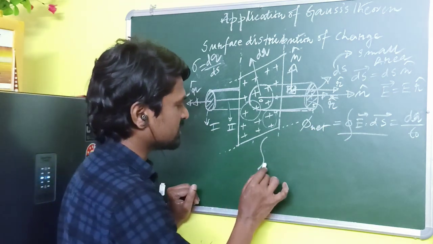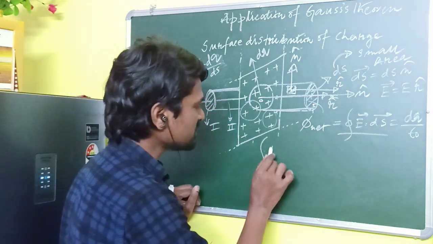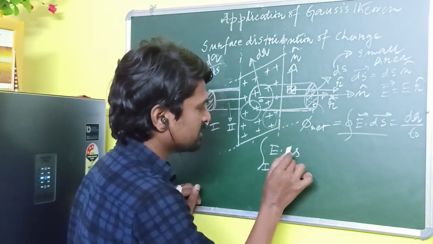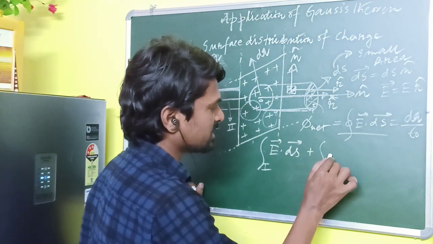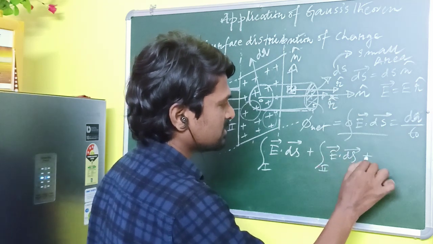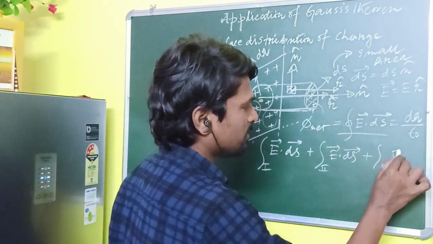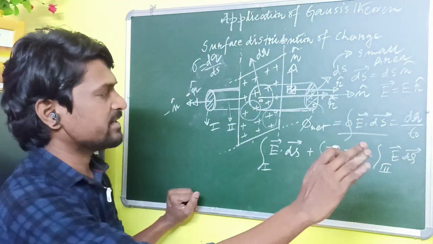So open integration for surface number one, you have to integrate E dot ds, plus integration for the second surface, E dot ds, and for the third surface you have to take E dot ds, and all are open integrations.